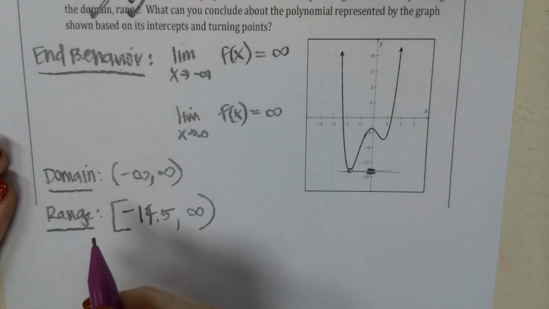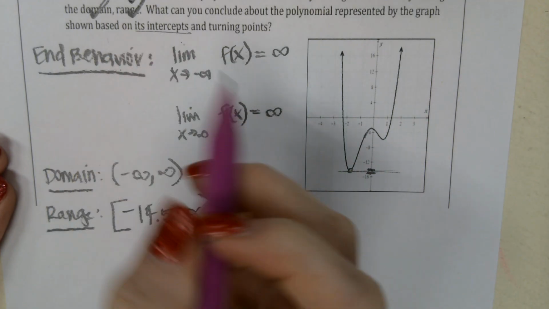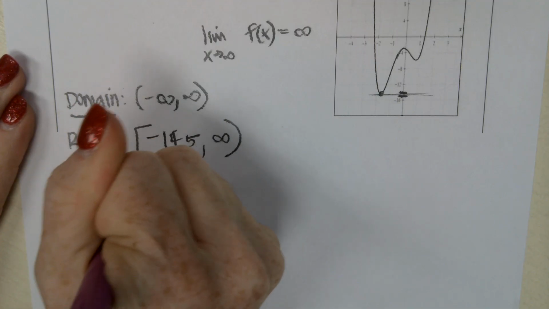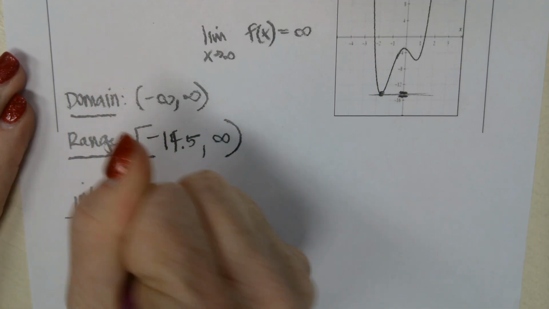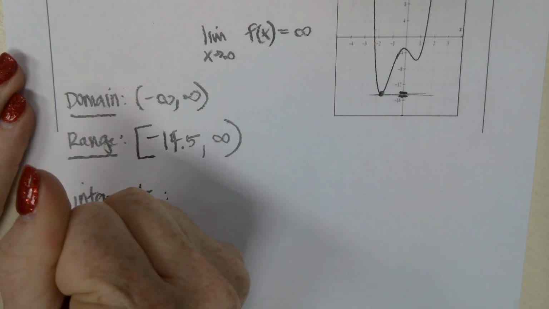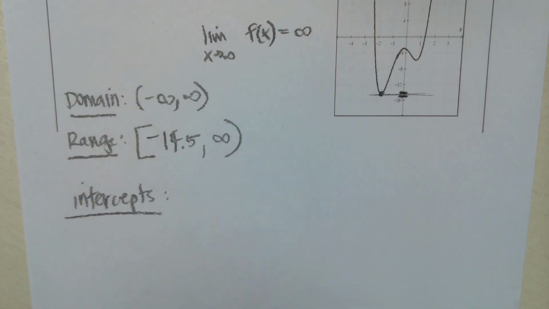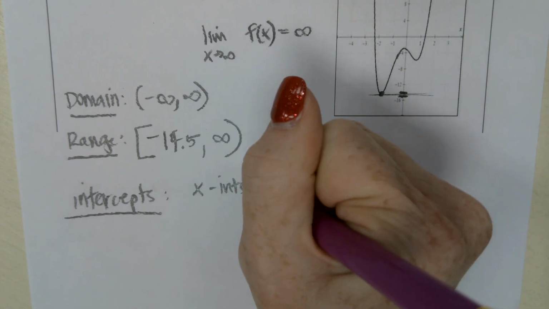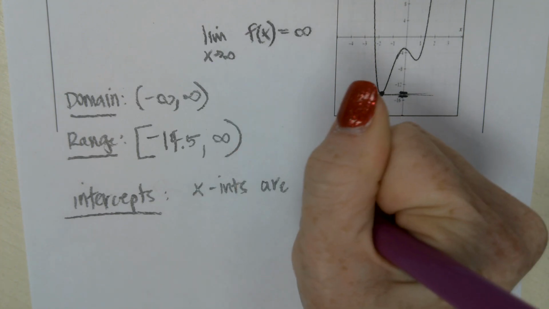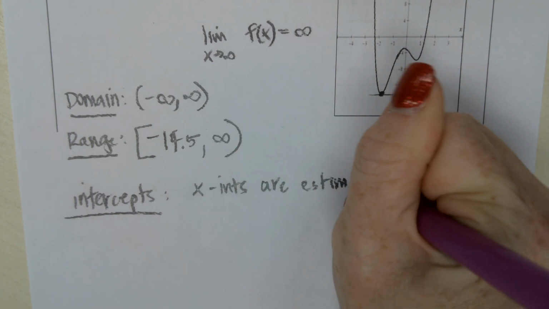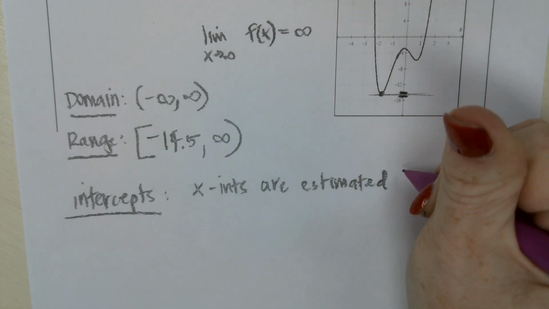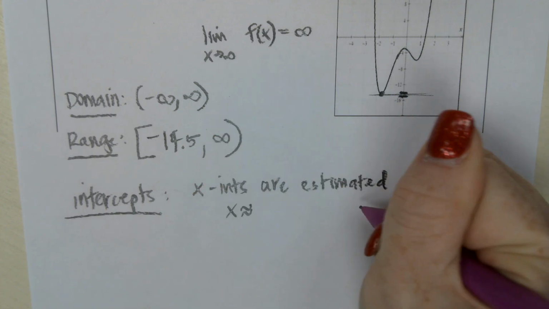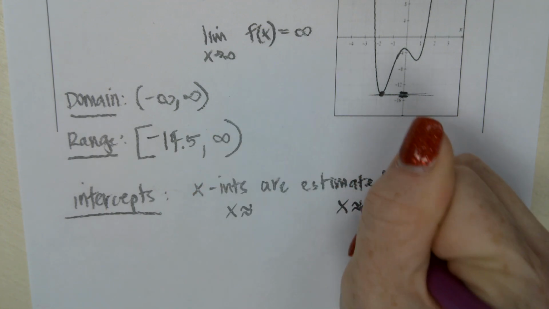Okay, let's see. Next, it says, what can you tell based on its intercepts? So I'm going to come down here and make a little category for intercepts. Now this includes x and y. I'm going to say that the x-intercepts are estimated at x is approximately what two locations?